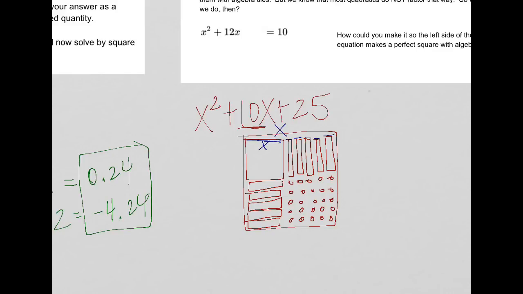So up here this is x plus 5, and I have the same thing on the side. X on this side plus 1, 2, 3, 4, 5. So this side is also x plus 5. That's why that left side of the equation factored to be x plus 5, the quantity squared.